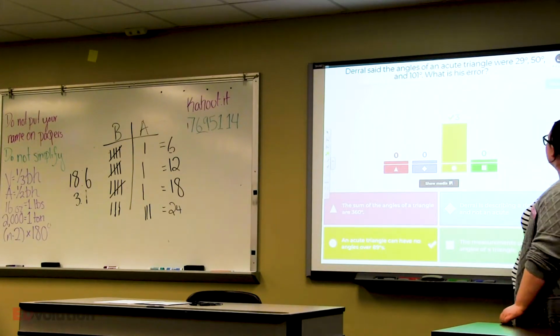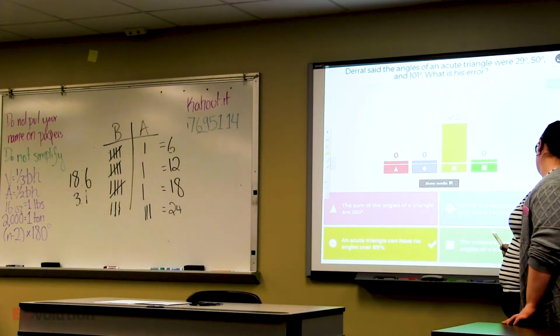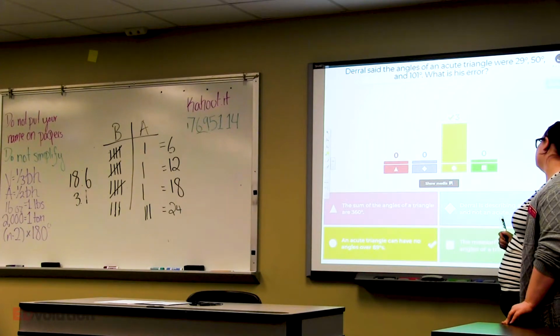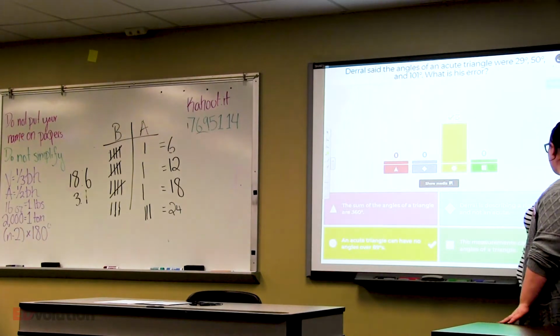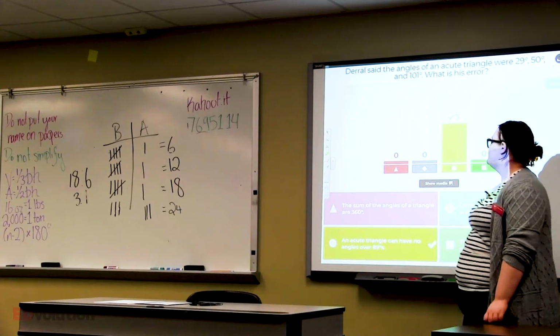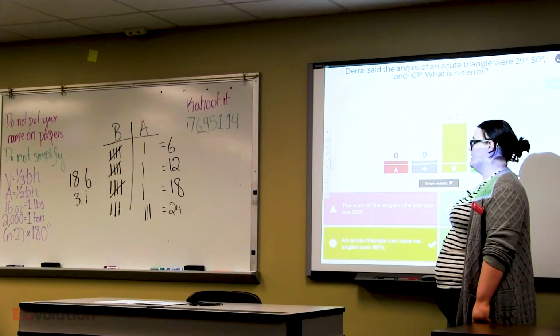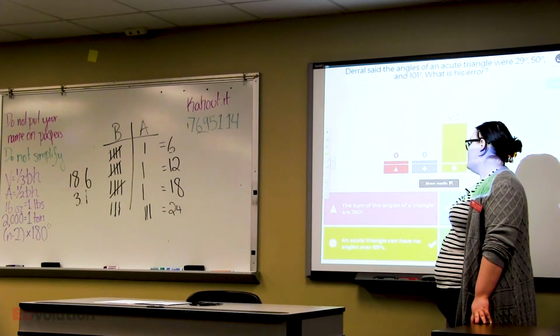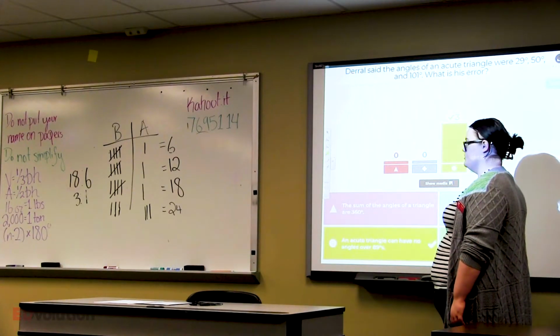If Daryl was describing a right triangle, one of these angles would have to be 90 degrees. The sum of a triangle is 180 degrees, so it can be the right answer. Any measurements could be the angles of a triangle as long as they add up to 180. So the answer was an acute triangle can have no angles over 89 degrees because 90 degrees would be right and 91 on would be obtuse angles.